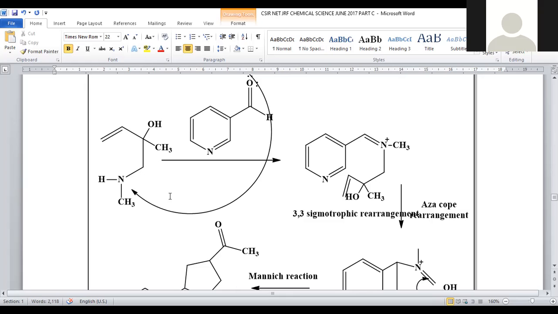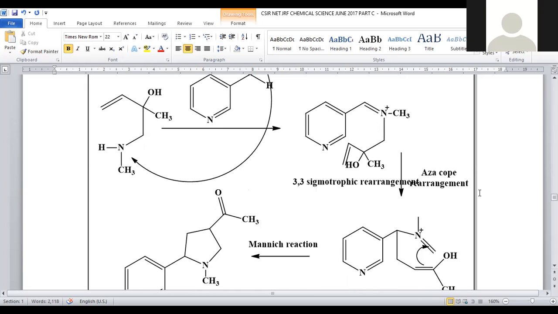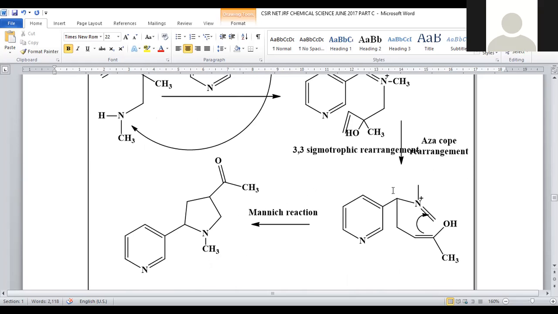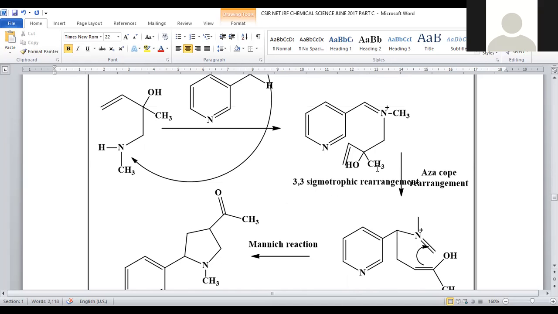So that here we got a nitrogen double bond, and the remaining groups present on the nitrogen remain as such, and further we perform a 3,3 sigmatropic rearrangement. Which atoms participated? 1, 2, 3, 1, 2, 3.